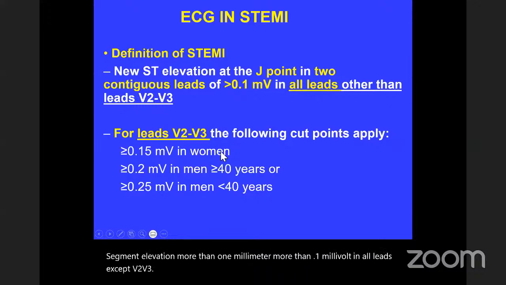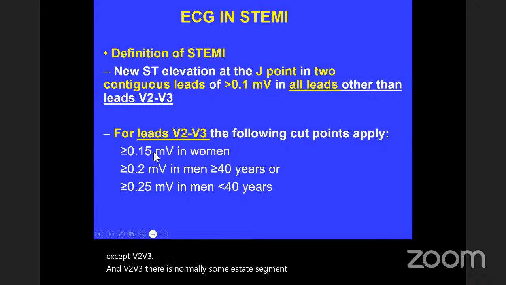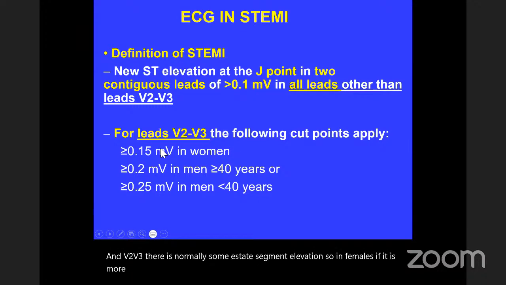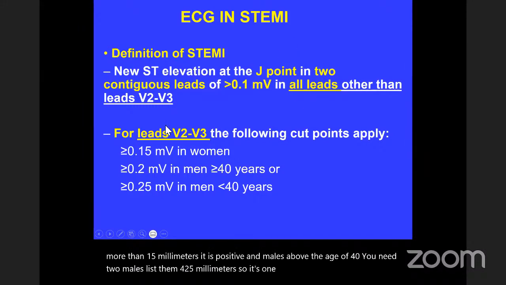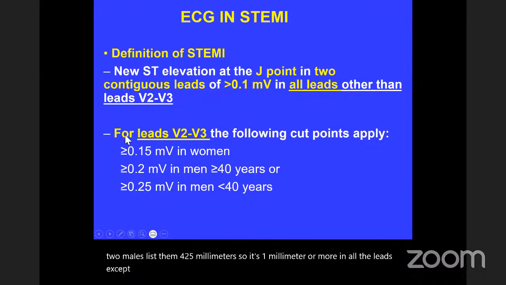In V2, V3, there is normally some ST segment elevation. So in females, if it is more than 1.5 millimeters, it is positive. In males above the age of 40, you need 2. Males less than 40, 2.5 millimeters. So it's 1 millimeter or more in all the leads except V2, V3. You have these different criteria, 1.5, 2, or 2.5 millimeters, or in millivolts, of course, 0.15, 0.2, or 0.25 millivolt.